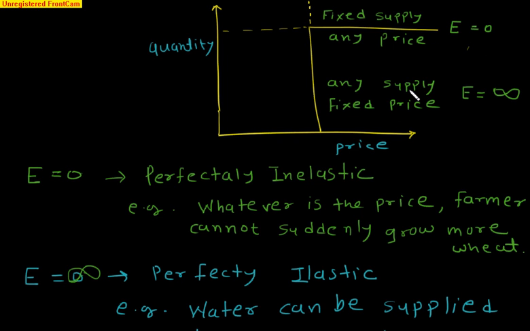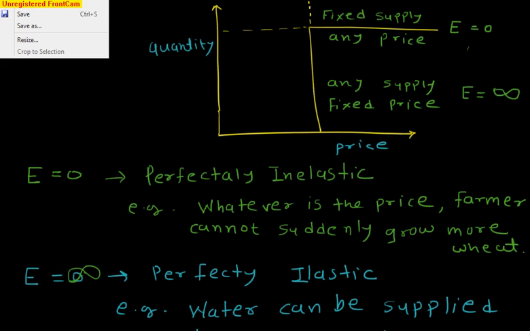And in case of water, we can sell or supply any amount of water at a fixed price. This is a case of infinite elasticity, or perfectly elastic.